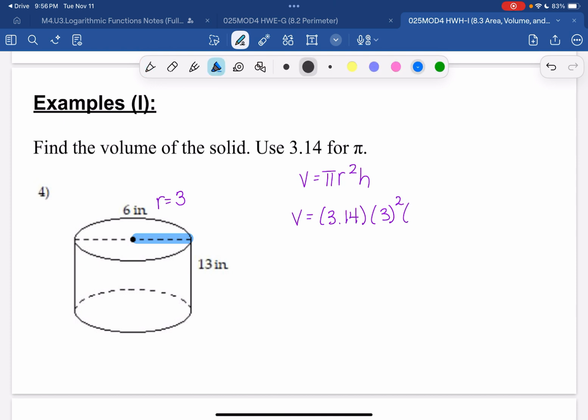My height, remember the height's always going to go up and down, so times 13. Then again, we can plug that straight into our calculator. So 3.14 times 3 squared times 13. And that would give us 122.46 units. Still going to be cubed.